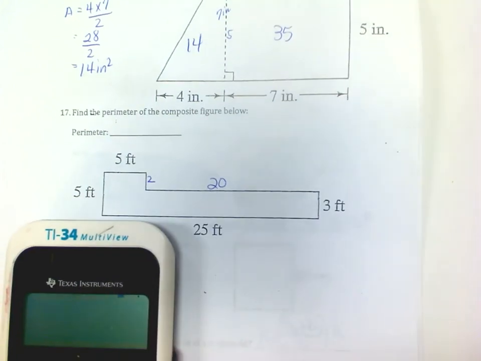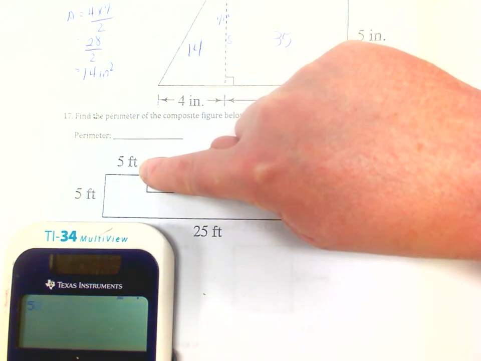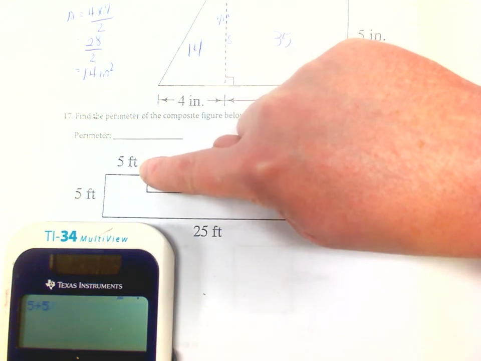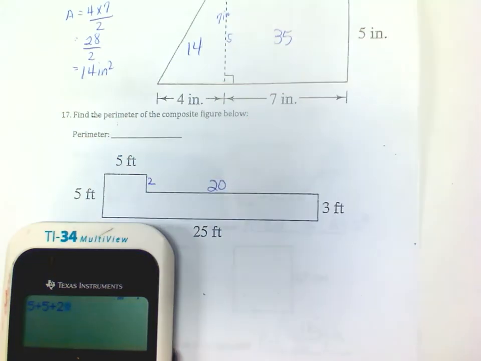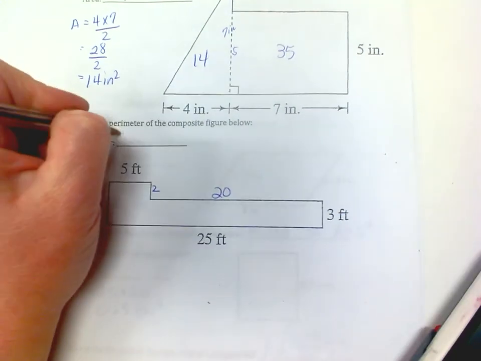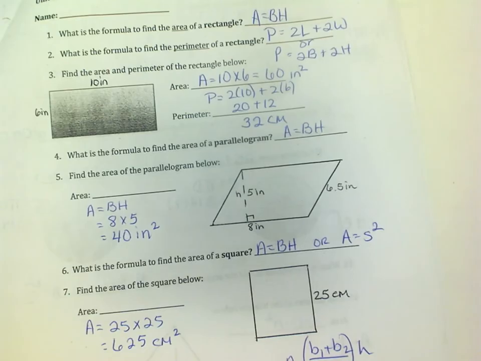We've got 5 plus 5 plus 2 plus 20 plus 3 plus 25 is 60. So our perimeter is 60 feet. And that's it. Good luck.